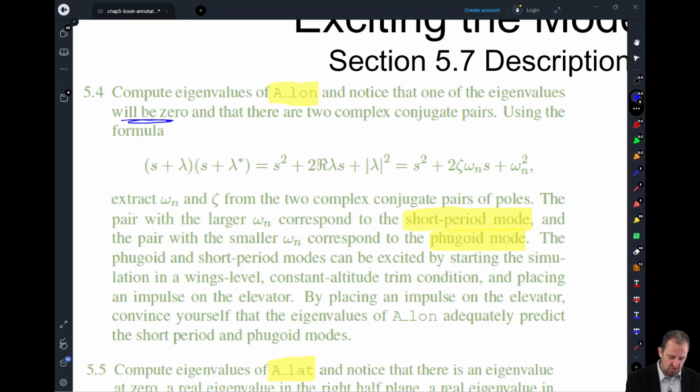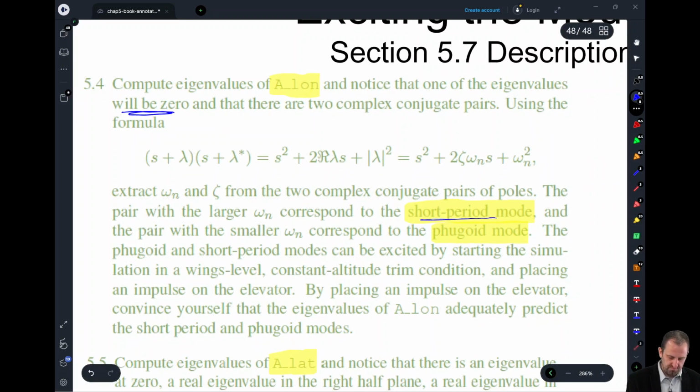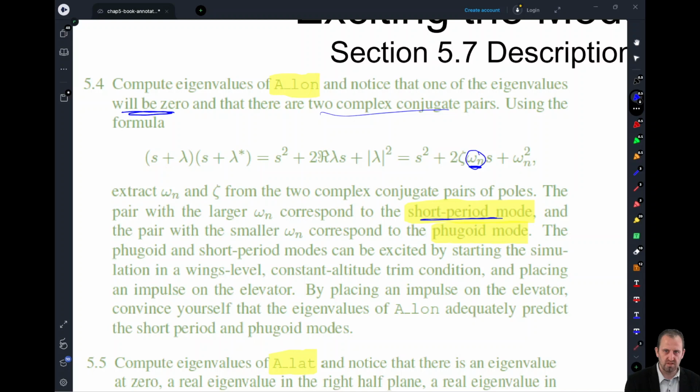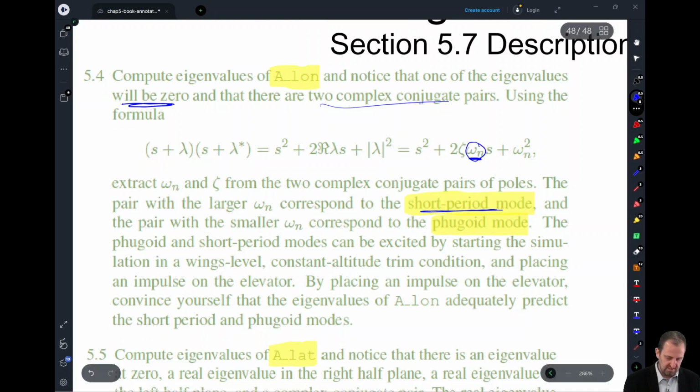And so the short period mode of our system, if we look at it, we can take our complex conjugate pairs, and for each one of our complex conjugate pairs, we can evaluate its natural frequency. That's going to tell us really how reactive it is.